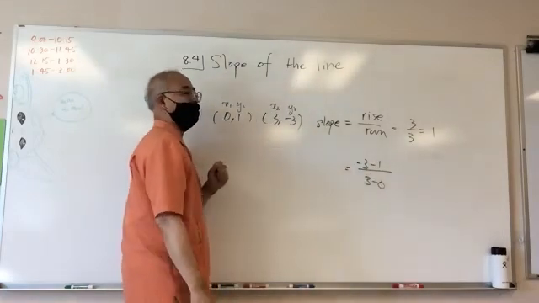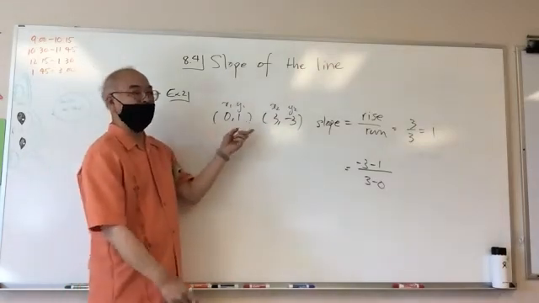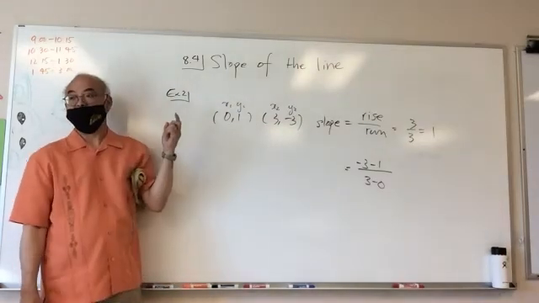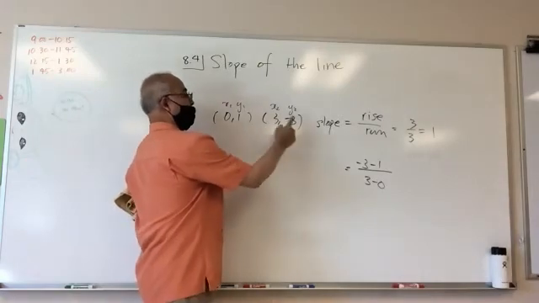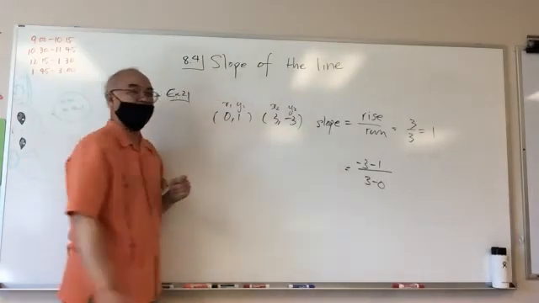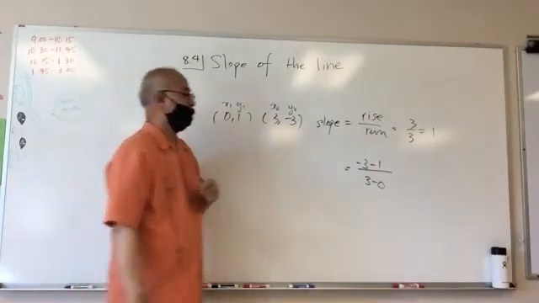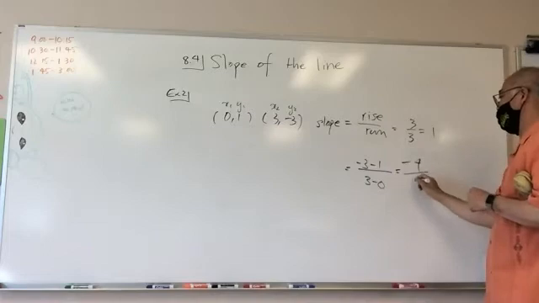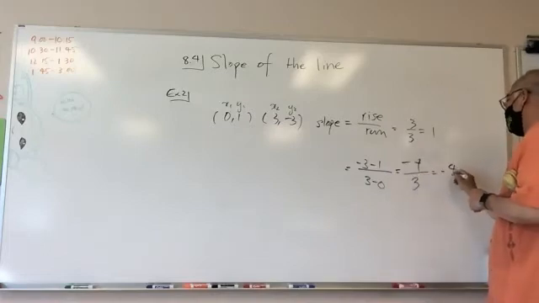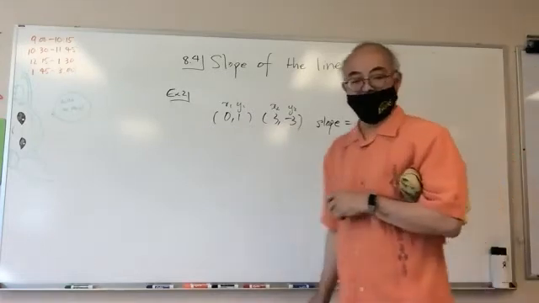You have to make sure that you keep the order straight. You always take this guy, subtract from this guy, and if you do that here, you have to go from here, subtract that. It's going to be minus 4 over 3. So your answer is minus 4 over 3.